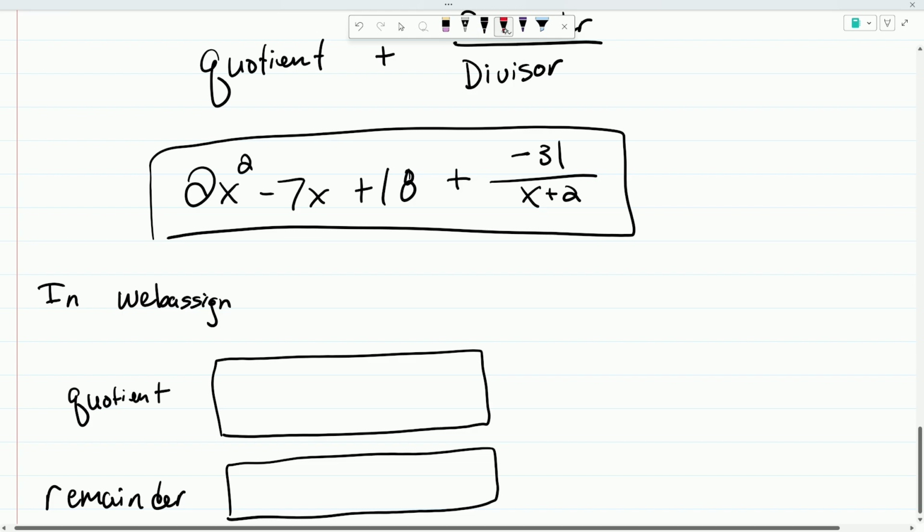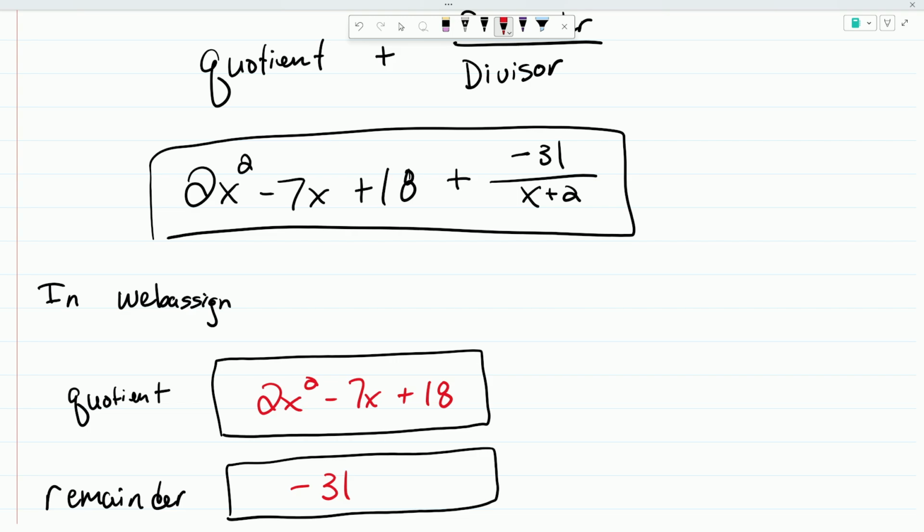All they want for the quotient would be 2x to the second minus 7x plus 18. And then for the remainder, all they would want is negative 31. If they don't separate, then they want this upstairs. They want that answer upstairs. All right. So like I said, you just got to be careful.